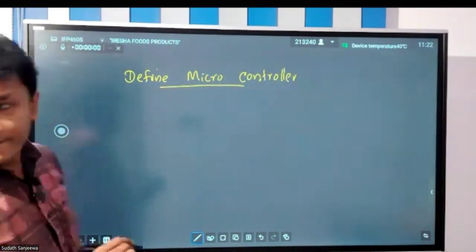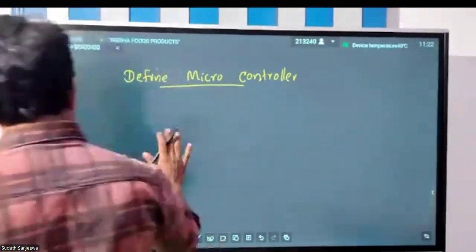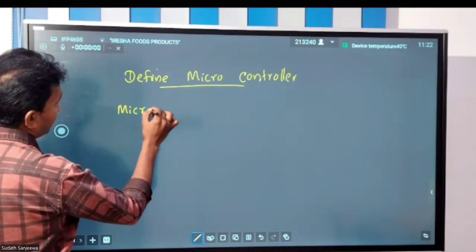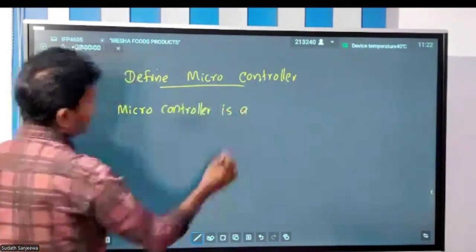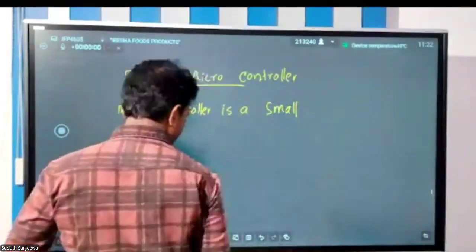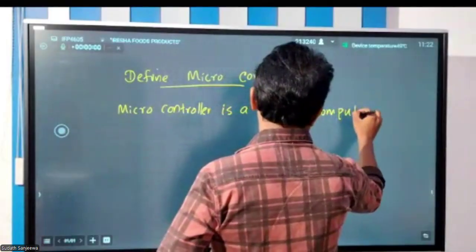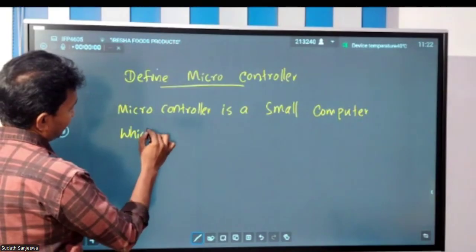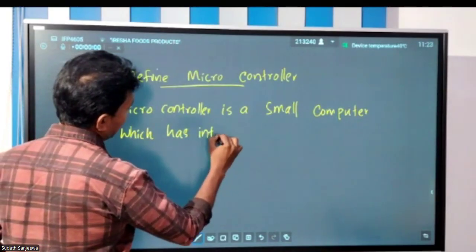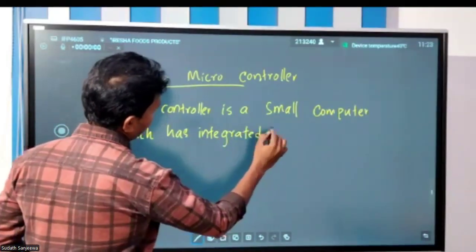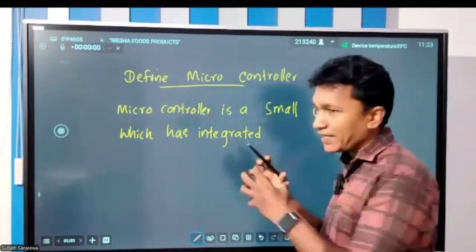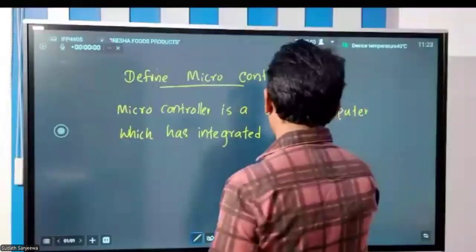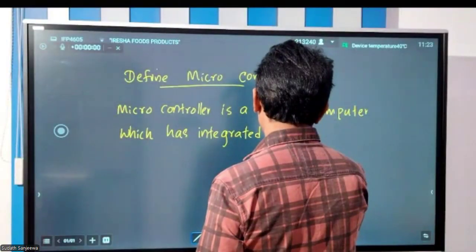What is a microcontroller? A microcontroller is a small computer which has integrated, that is, what are the things combined together in it? A microcontroller is a small computer which has integrated CPU. Right? There is a CPU.